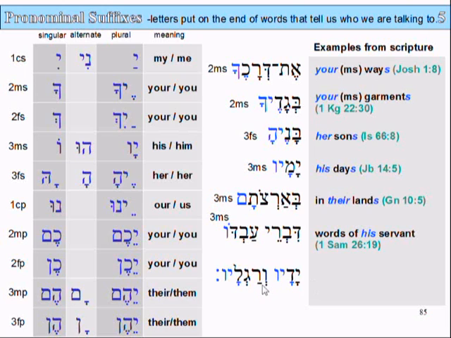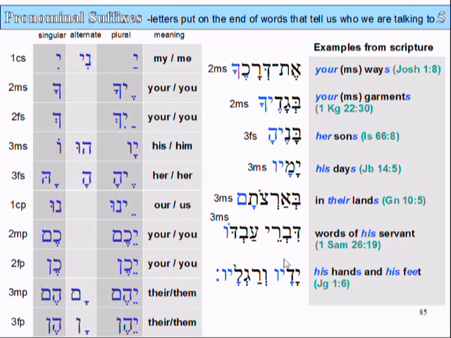Veraglav. And regel means foot. Raglav, again, this is a plural form here. His feet. His hands and his feet.